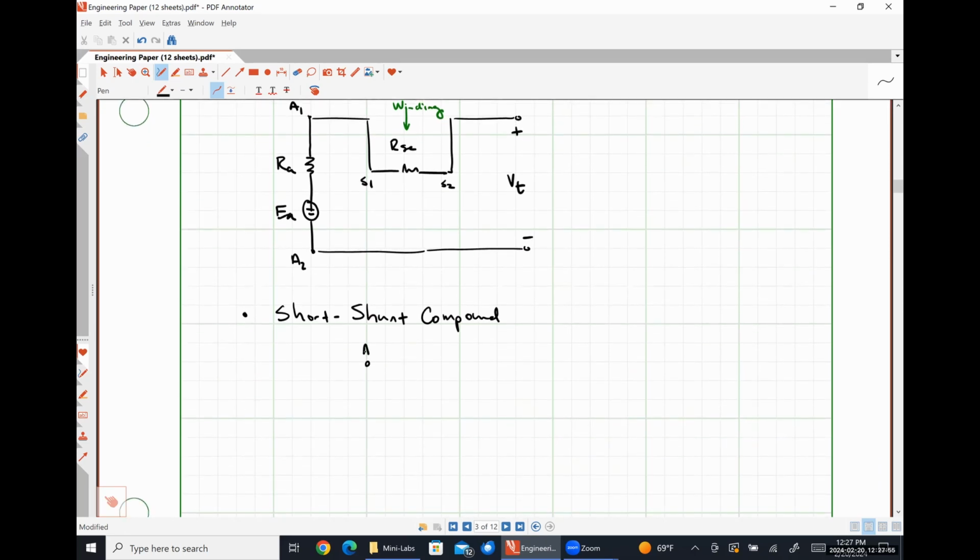So starting with my armature circuit, I have something like this. I connect my series field winding in series.